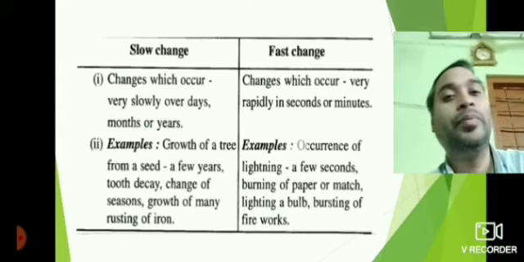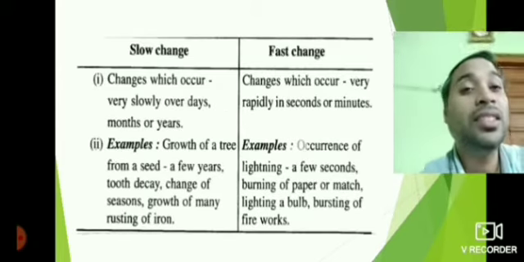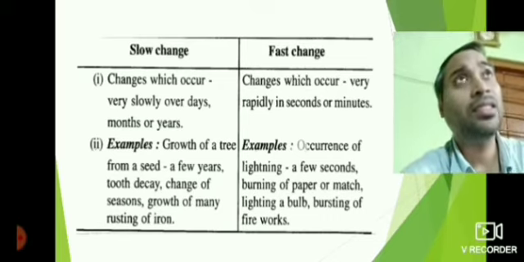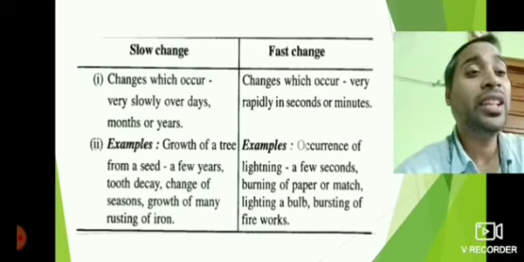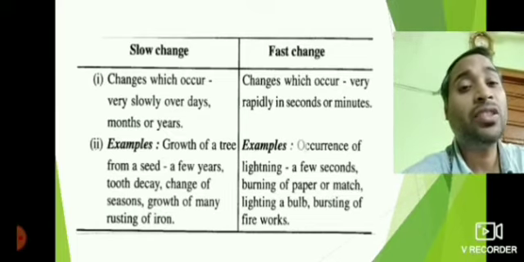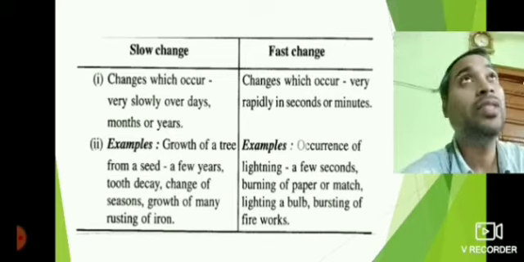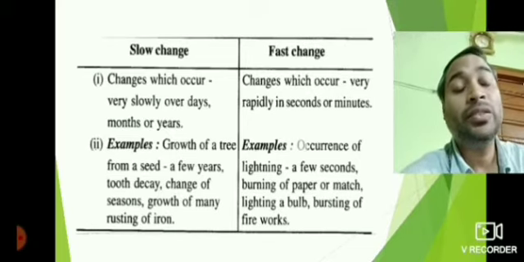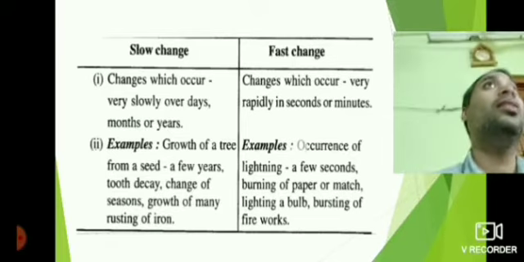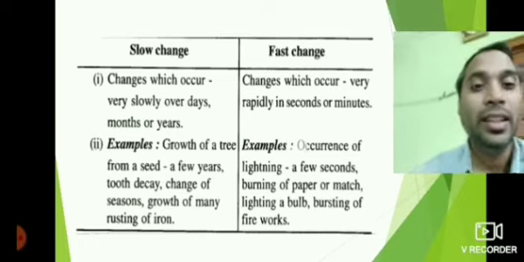Then there are certain changes that happen very slowly, like it takes a long period of time for the change to occur. So those types of change are called slow change. So changes which occur very slowly over days, months, or even years. So for example, growth of a tree from a seed. So it takes a very long period of time for a tree to grow from a seed.